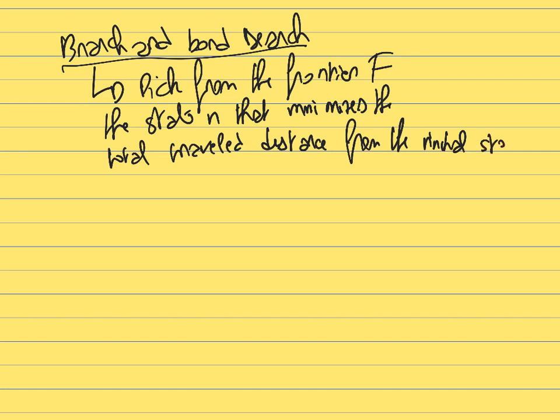So here there is one major difference between the greedy and the branch and bound search. The first difference is that in this case, you don't need to know how close you are to the final destination. This algorithm does not use this information. The only information that it uses is how far you have traveled from the initial state.